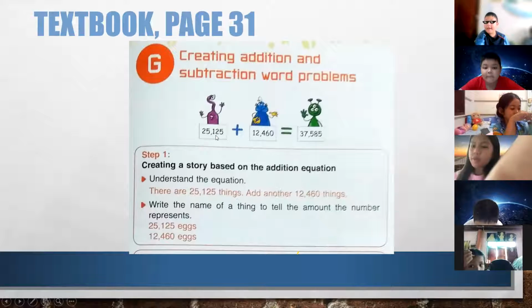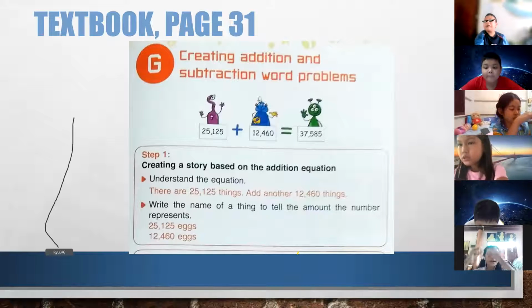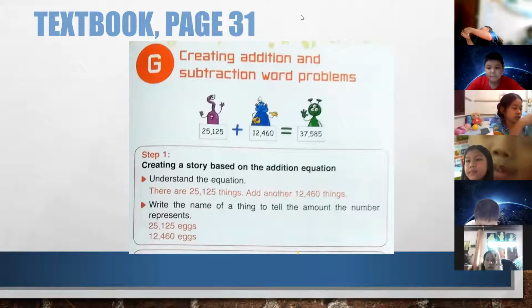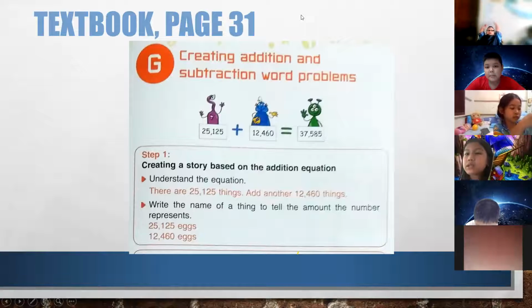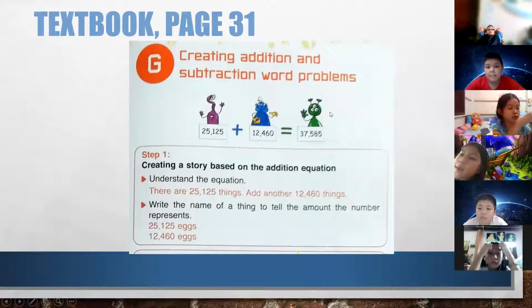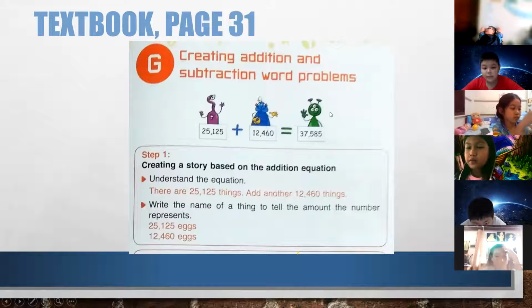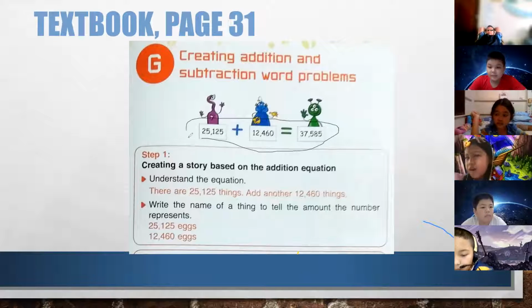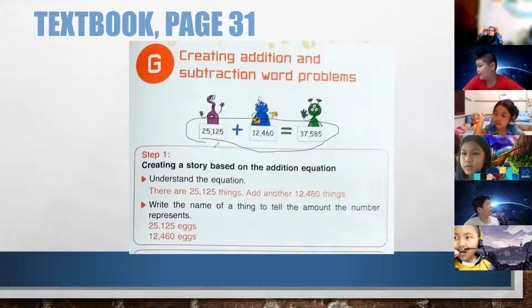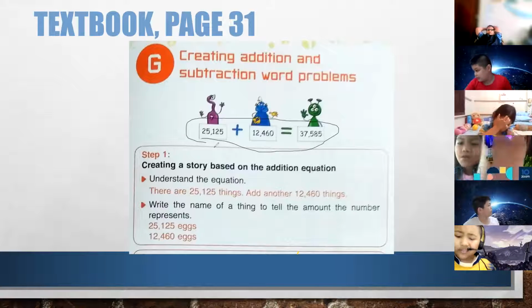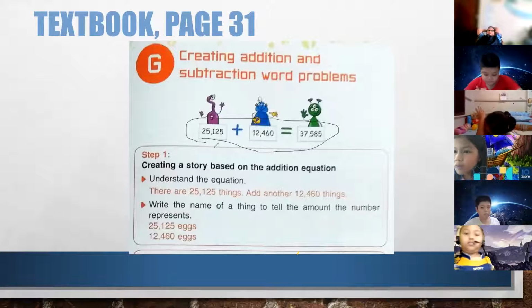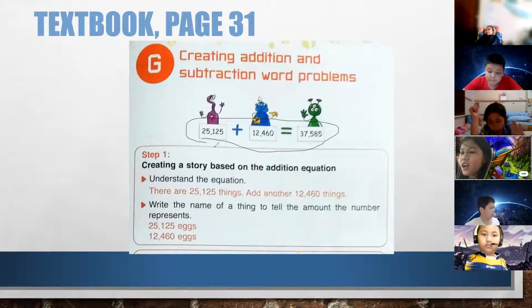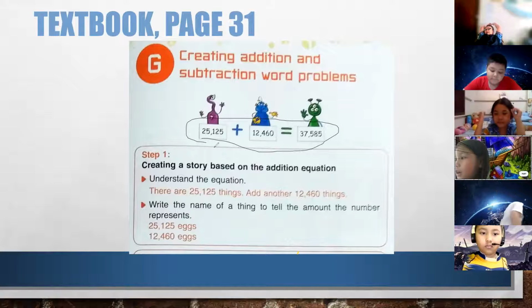The equation above is 25,125 plus 12,460 equals 37,585. Ria, don't write anything on the slide.